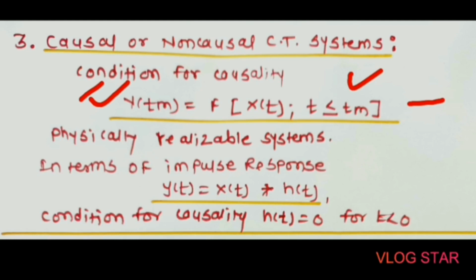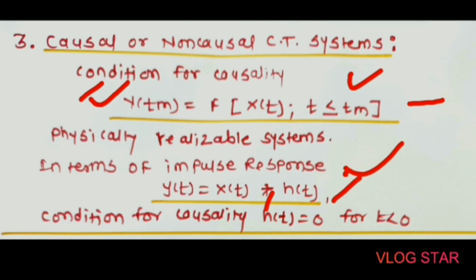Next is the condition for causality in terms of impulse response, that is h of t. The relation between y of t and x of t is given by y of t is equal to x of t star h of t, where this star represents the convolution and h of t is the impulse response of that system.